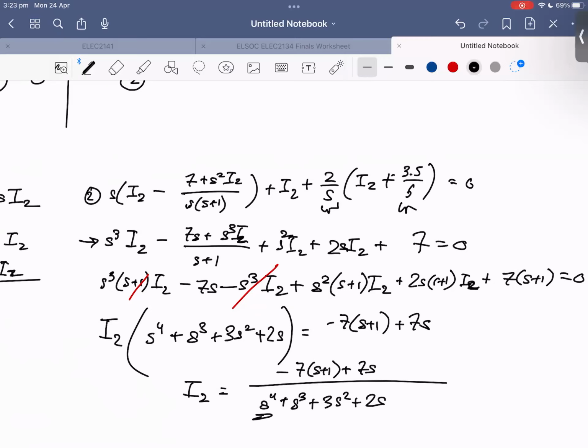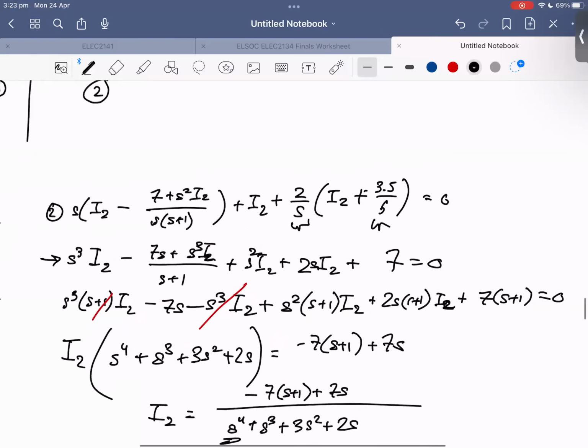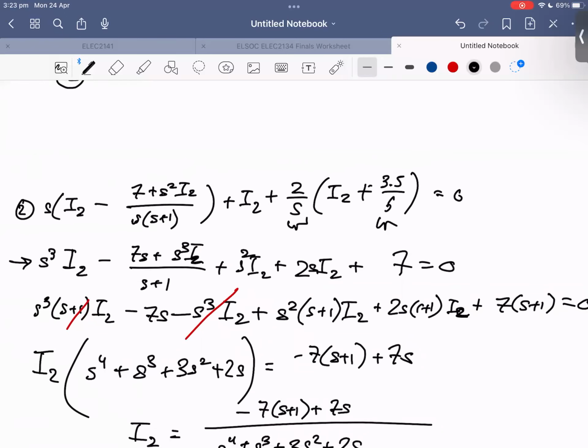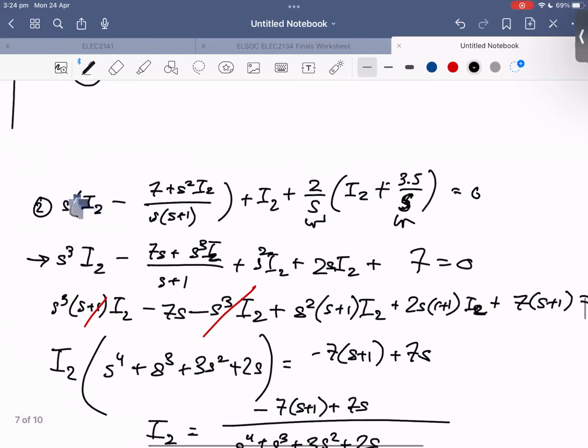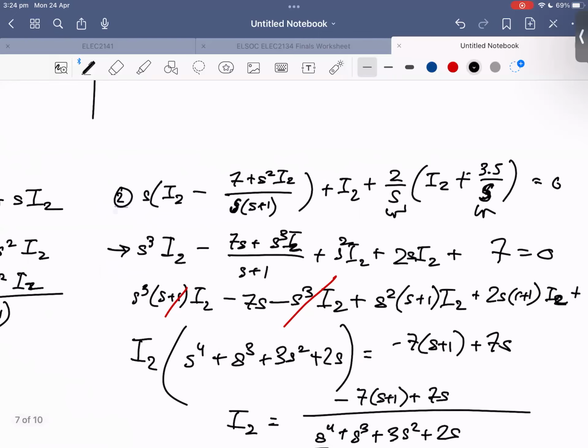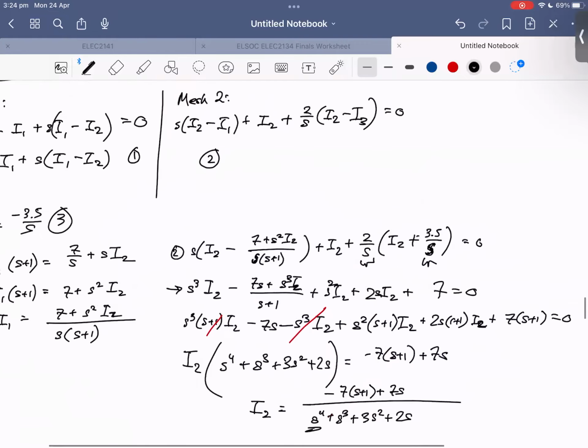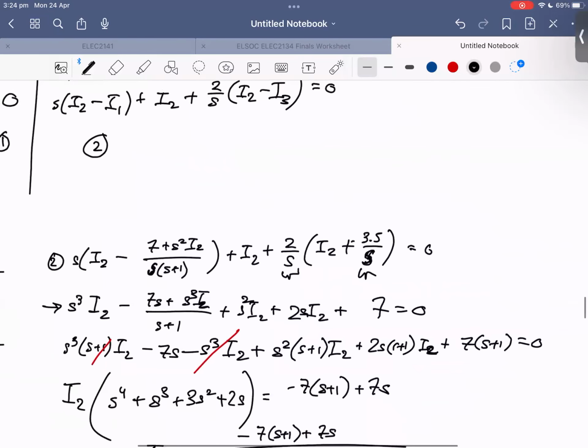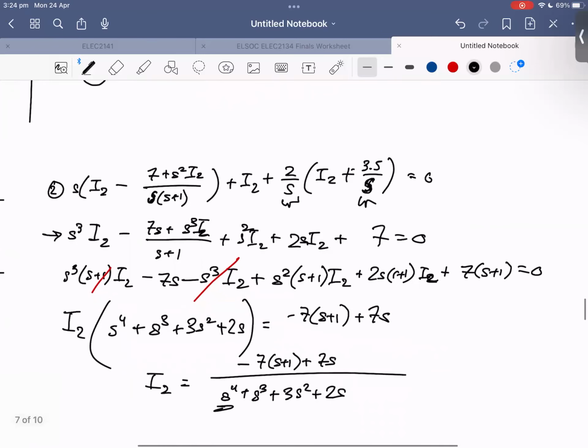Or maybe I times it by S just to make it so that there's no like nasty fractions. Yeah, there's an S in front of the brackets here. Yeah, so my mesh equations look right. Like they shouldn't be wrong. So I think it's just an algebra mistake.